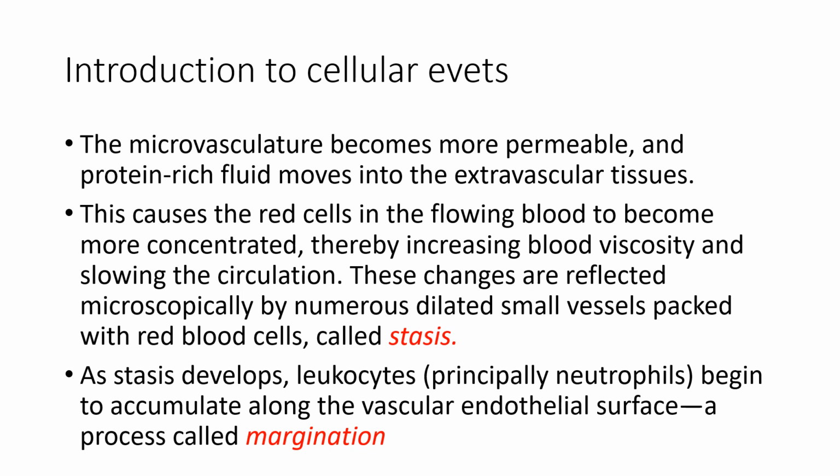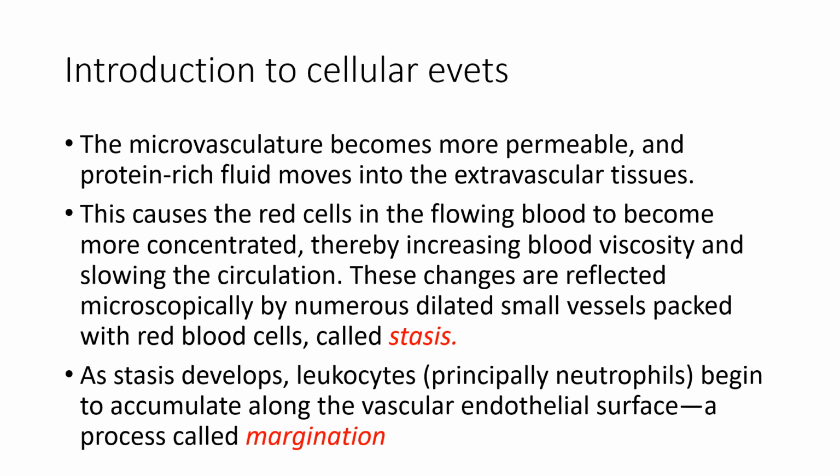This change is reflected under the microscope, where we will see many capillaries that are engorged with RBCs, and this is called stasis. As stasis develops, this will cause the leukocytes to align themselves at the edge of the blood vessels in order to exit the circulation.